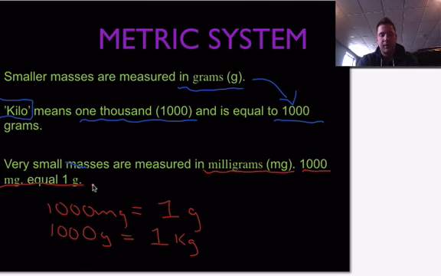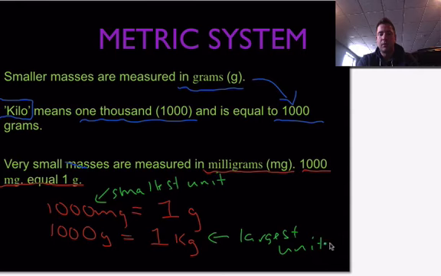The smallest unit is going to be the milligrams, and our largest unit is right there in the kilograms. 1,000 grams is equal to 1 kilogram, or 1,000 milligrams is equal to 1 gram. Ranked from smallest to largest we have milligrams, grams, and then kilograms.